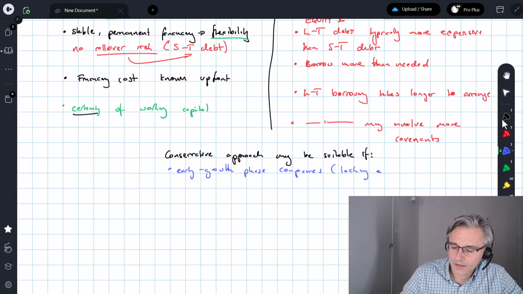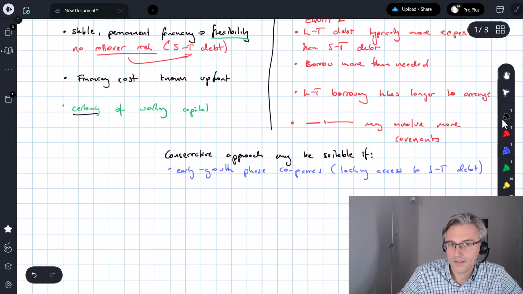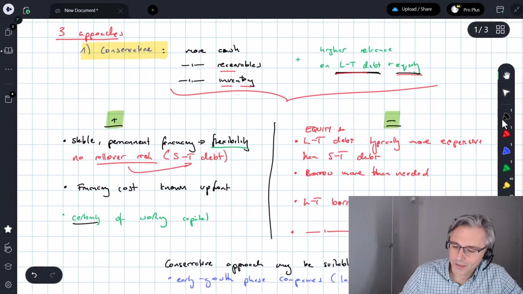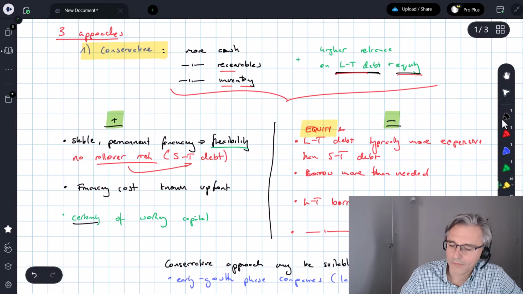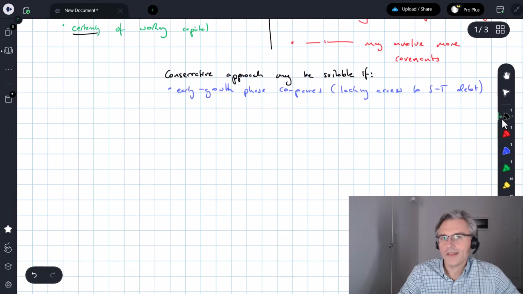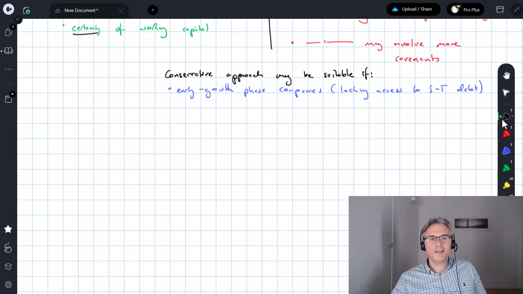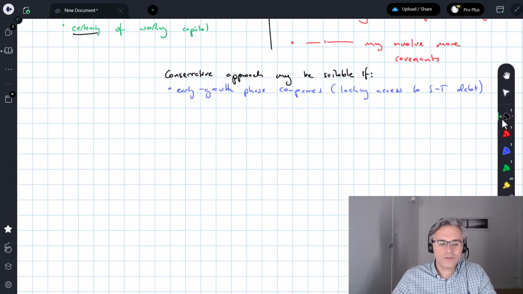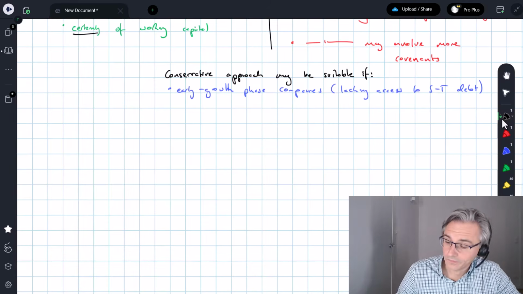That doesn't necessarily mean they'll have access to longer-term debt, but they will definitely have access to equity funding from the founders, and it will be via equity funding that investments in working capital, in short-term assets like inventories and receivables, will have to be made, not by desire, but simply by lack of alternatives.